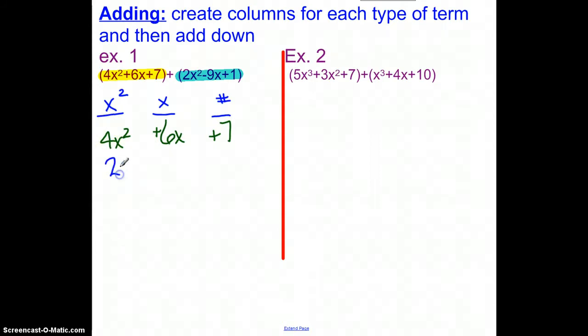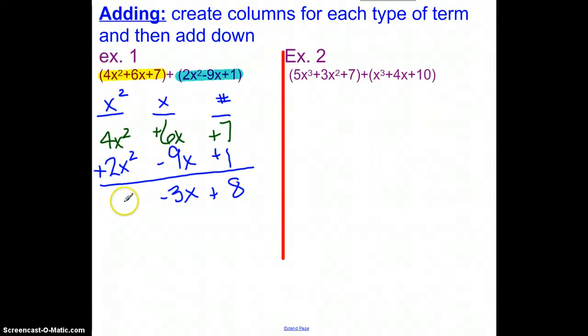So 2x squared would go here, minus 9x would go here, and plus 1 would go here. This is just like a big sorting problem. So I'm going to add, draw a line, and now I'm just going to total my column. So this would be a plus 8, this would be a negative 3x, and this would be 6x squared.